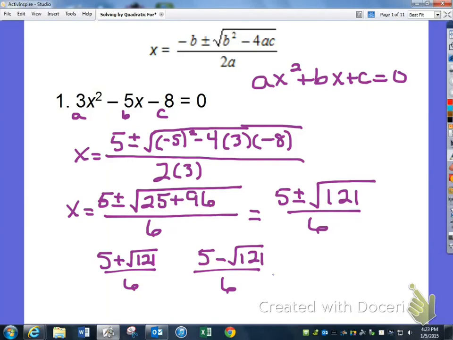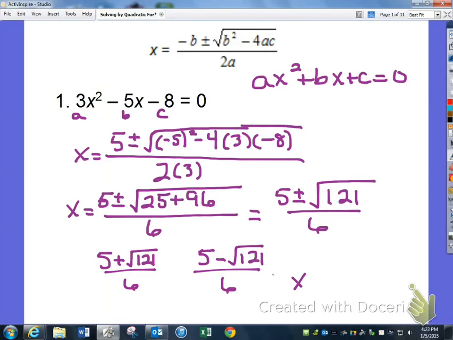And I'm going to get two different answers. And I'm just going to put that in my calculator. I am going to put 5 plus the square root of 121, and then hit enter, and then divide by 6. If you don't hit enter, you might just be dividing part of it by 6. You want to divide the whole thing by 6. So I'm going to divide by 6 after I hit enter, and I get 2.666 repeating.